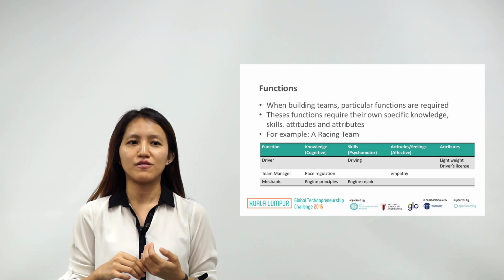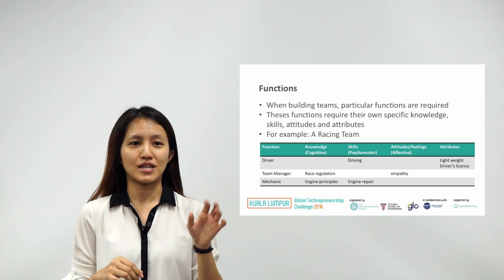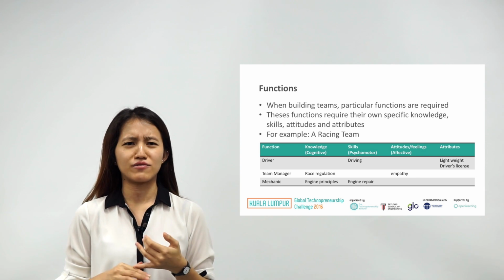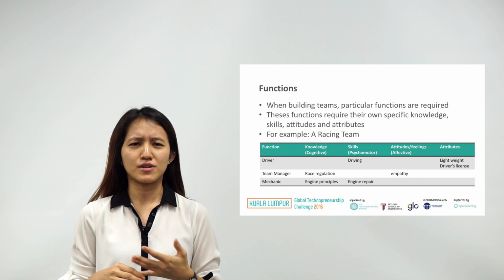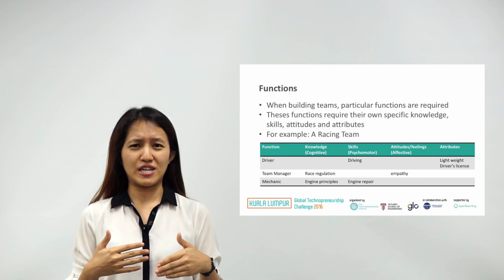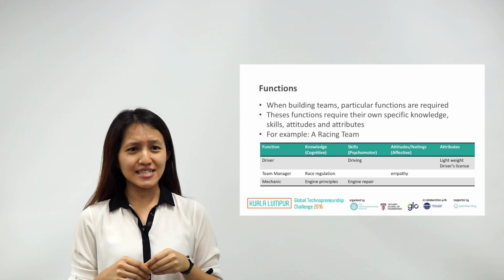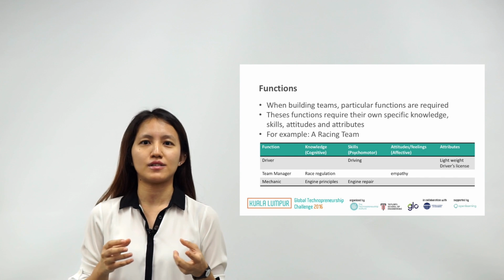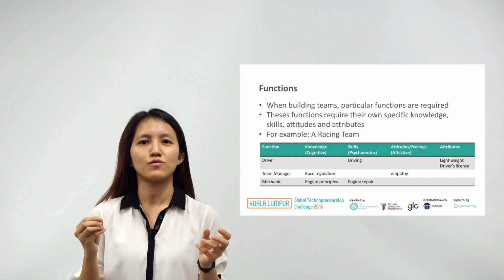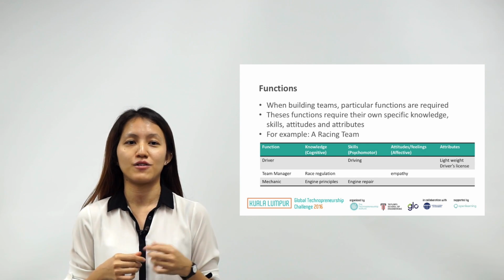For the team manager, obviously he or she will need the knowledge, the cognitive side, of the race regulations, and empathy, because you're going to work a lot, especially in communicating with your team members. That's very important. For the mechanic, the engine principles, and if anything is wrong with the car engine, obviously he will need the skills of repairing the engine.